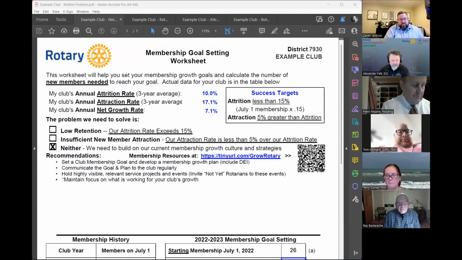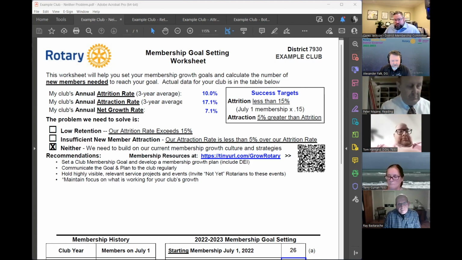And we are now making them available to all of you as clubs for the first time this year. And so we wanted to make sure that we talk about what is on that worksheet and how it is intended to be used. And then we'll talk in more detail in the breakout sessions what we can learn from it for particular problems that we may want to tackle in terms of membership growth.